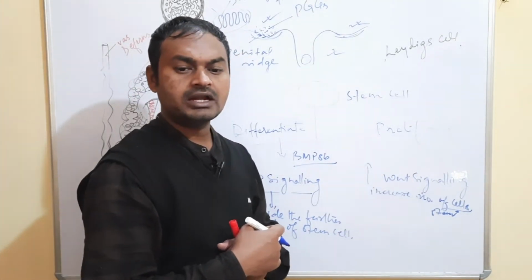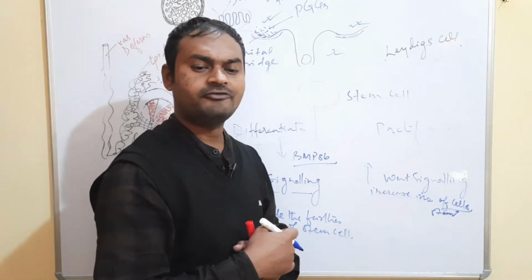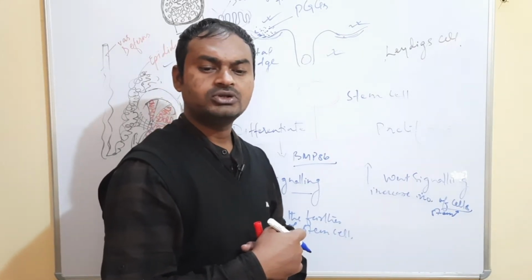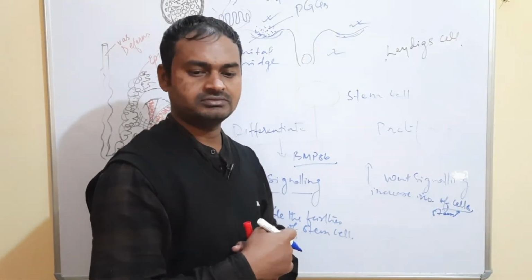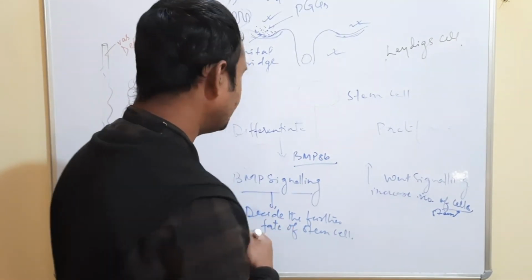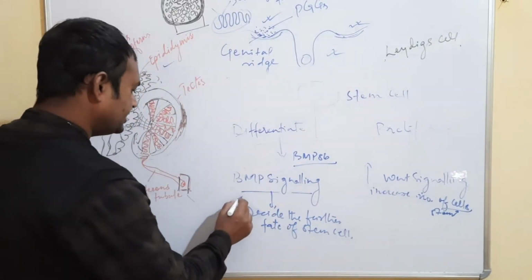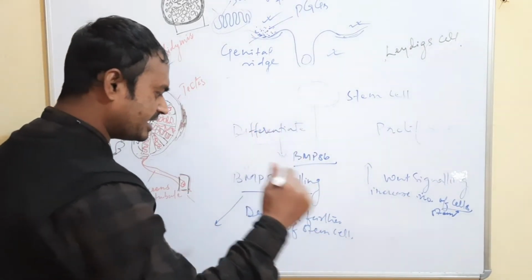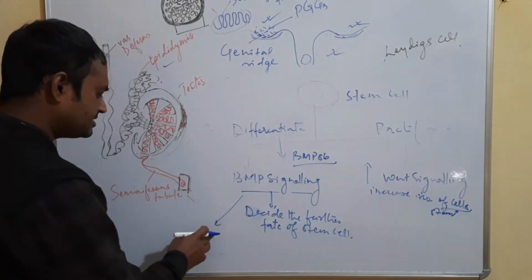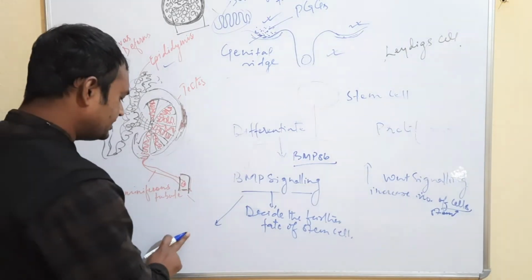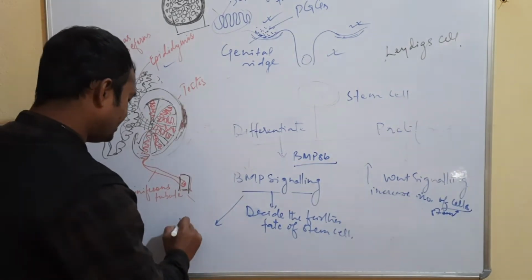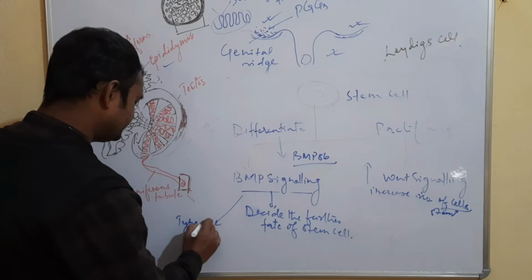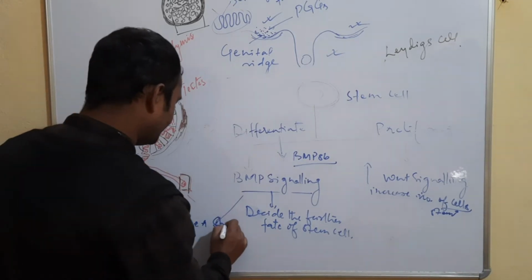Now what will happen after it undergoes differentiation? After the differentiation, this stem cell will be in the form of type A spermatogonia.